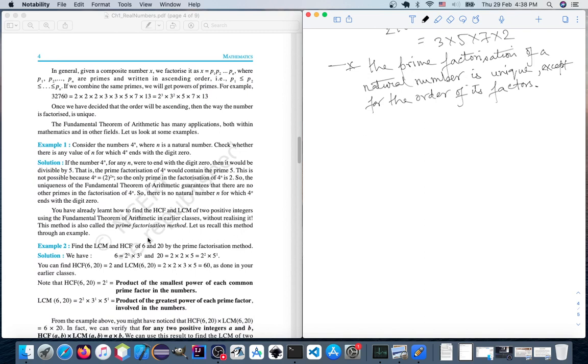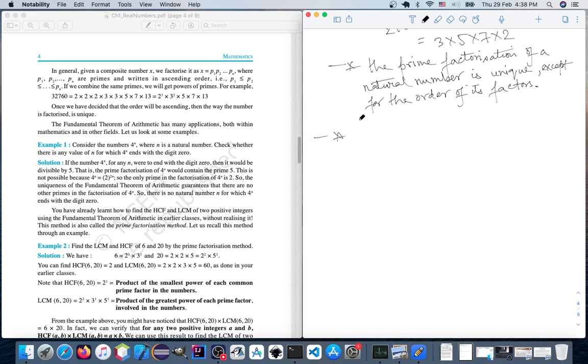So what it says is that, in general, given a composite number x, we can factorize it as x equals p1 into p2, likewise into pn.